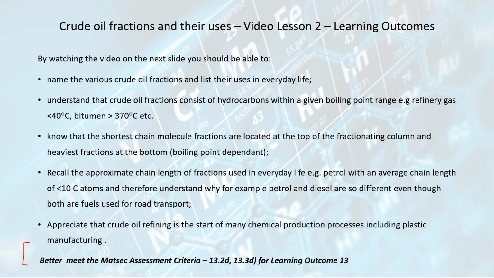And then we have the residual fraction, the heaviest fraction, the fraction that is tar-like. If you had to get a jug containing bitumen, and if you had to heat it up, even after heating it up, when you try to pour it, it's like pouring a very thick syrup.